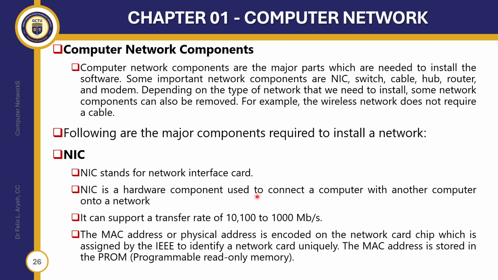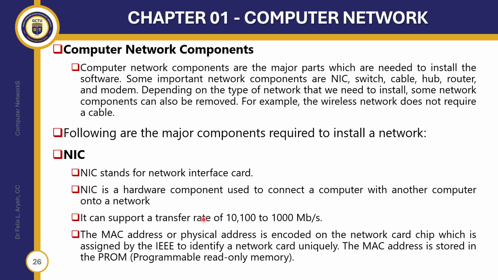It's a hardware component which is used to connect a computer with another computer onto a network. The NIC, or network interface card, is what gives you access to the internet or to the network. That device where we put the network cable inside is the network interface card. It could be wireless, it could be wired.